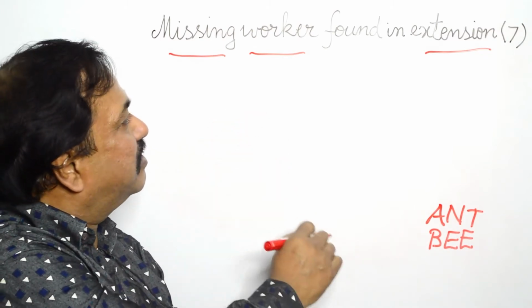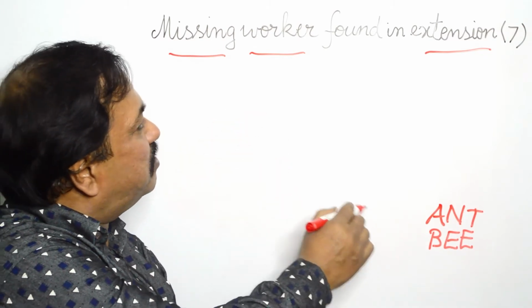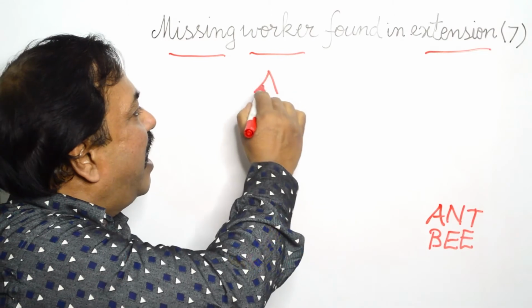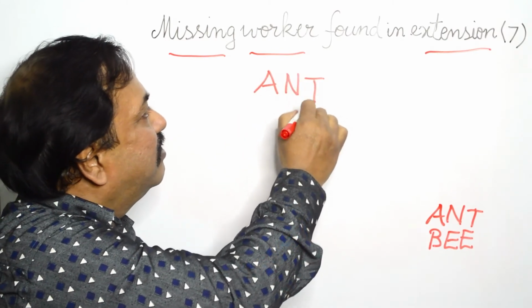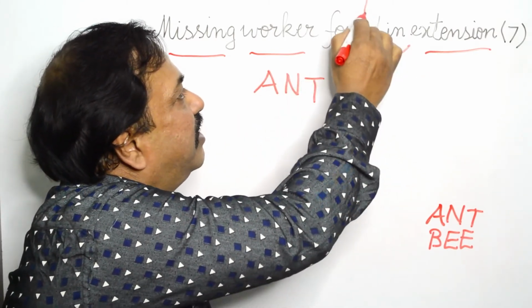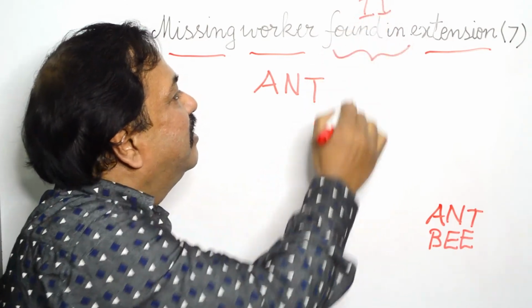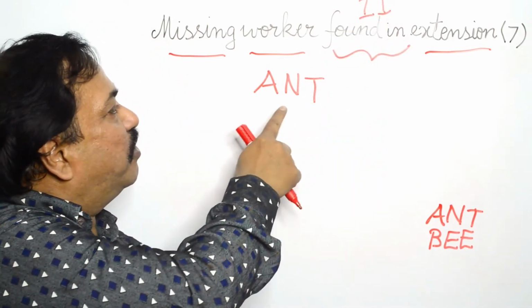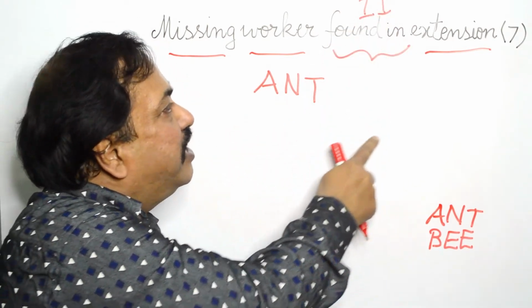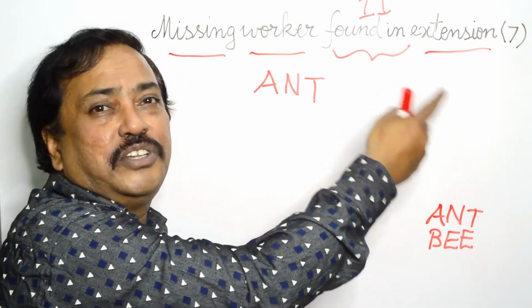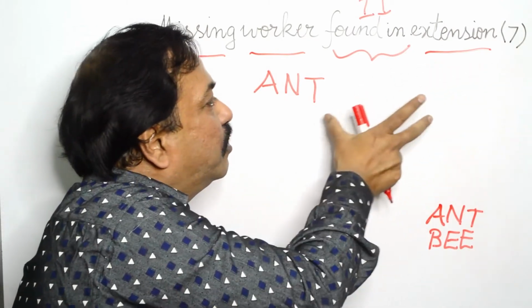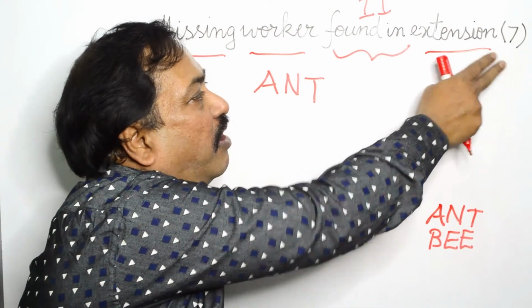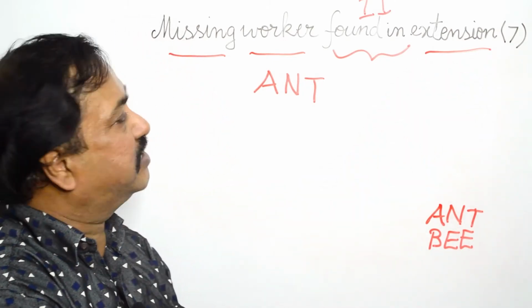Now, suppose we take ant here. Found in is the insertion indicator. So this is the first part. This will go inside extension, a synonym of it, together, which will be a word of 7 letters.